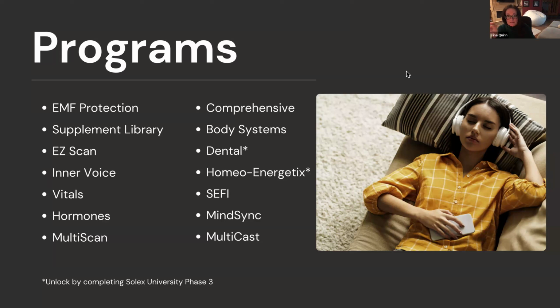And Julie will talk a little bit more in the comprehensive scan and what else you can find with level 3. And also the dental scan. So we won't be going too much into these level 3 access, but we want to show you what you can do the moment you join or get the scan for yourself and what you can do with it.